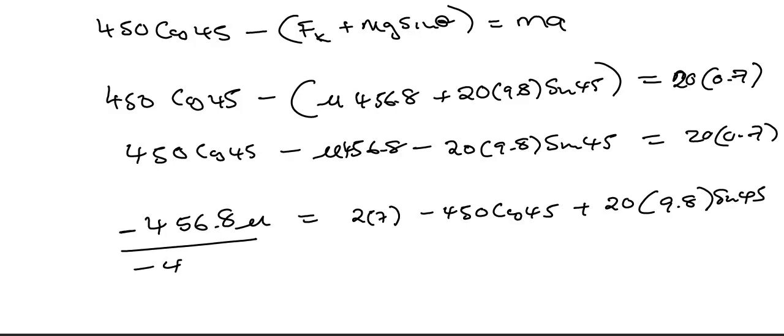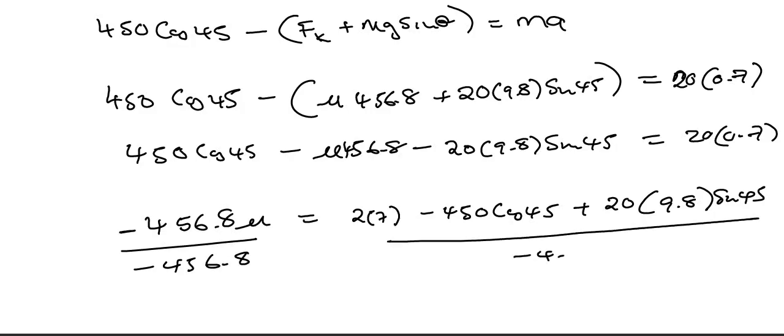Divide this side by negative 456.8. Here you get your mu to simply be the same as the one that you have on your answer. So this is what you should basically get. This is going to be your answer.